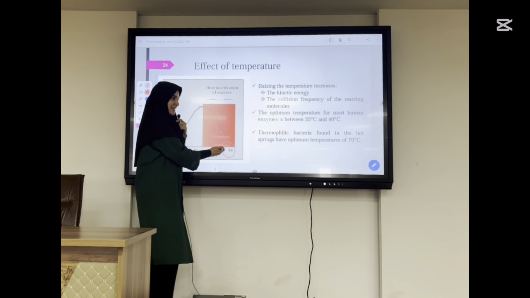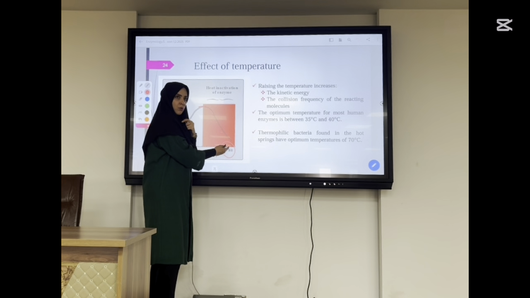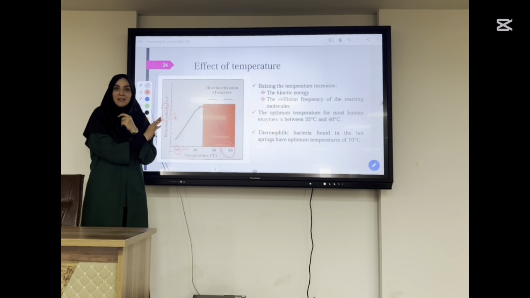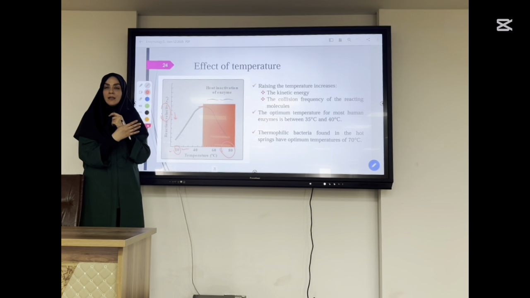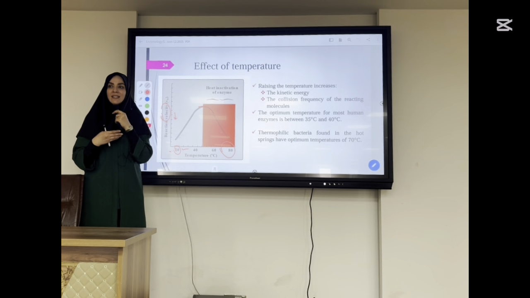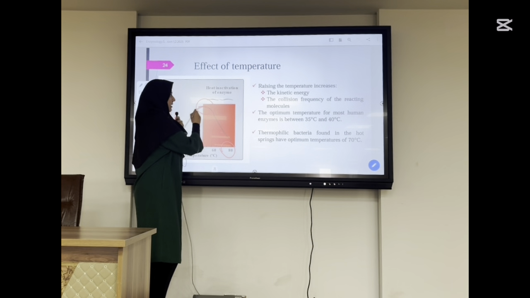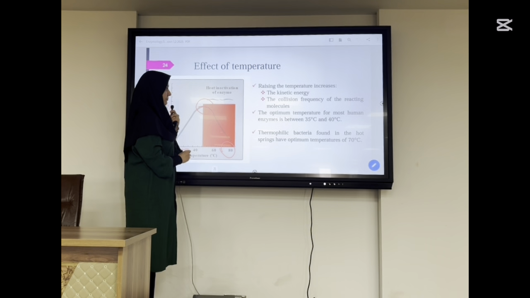Because at this temperature, all enzymes are defective. It means that in a high temperature, the proteins lose their function and lose their structure. So we have an optimum temperature.